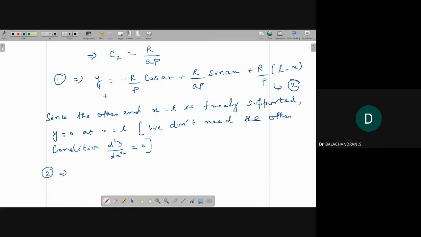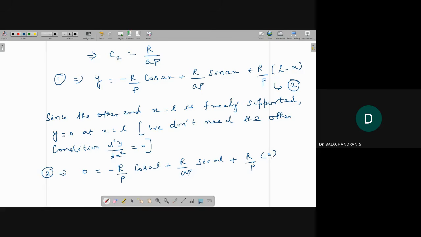Now equation 2 implies, y equal to 0 at x equal to L. So 0 equals minus R by P cos aL plus R by aP sin aL plus R by P into, x equal to L means 0.